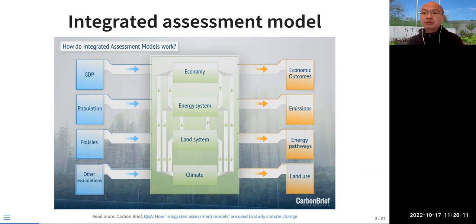So it produces climate impacts, such as impacts to economic outcomes, emission changes, and our energy pathways, and how today's investment towards mid-century or to the end of the century will have a different outcome, and impact on land use, for example.